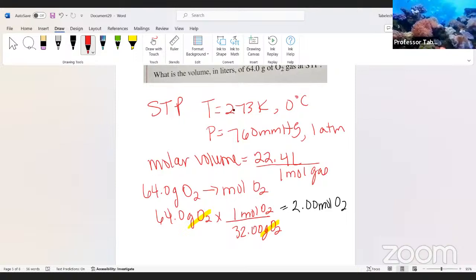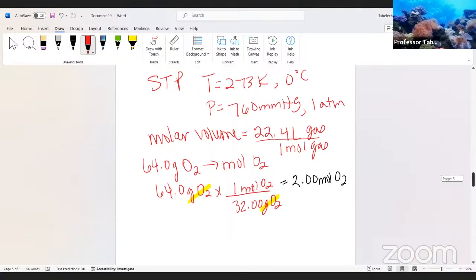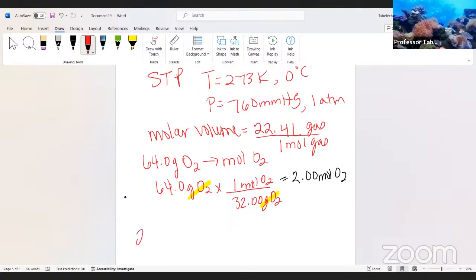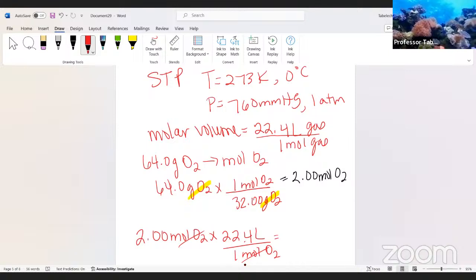So your molar volume is 22.4 liters of gas per 1 mole of gas. So for this final step, you're going to say the 2.00 moles of oxygen times, since you're looking for liters, 22.4 liters divided by 1 mole of that oxygen. And then you just multiply those and you get your answer accordingly.